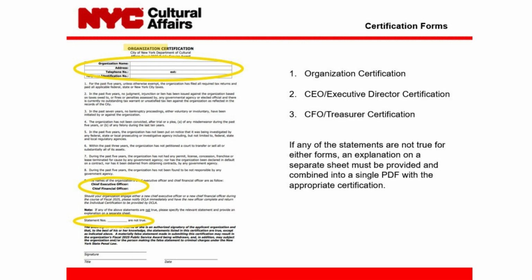As with the organization certification, if any of the statements are not true, an explanation on a separate sheet must be attached to the individual certifications, and all pages must be uploaded as a single PDF to the individual certification field. All forms should be signed and dated at the bottom. These documents are linked on page 7 of the Initiative Funding Requirements document.